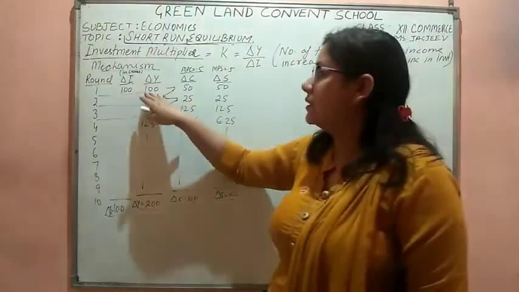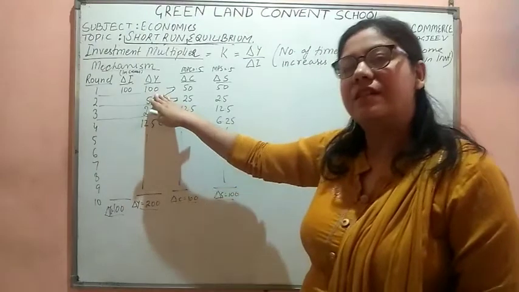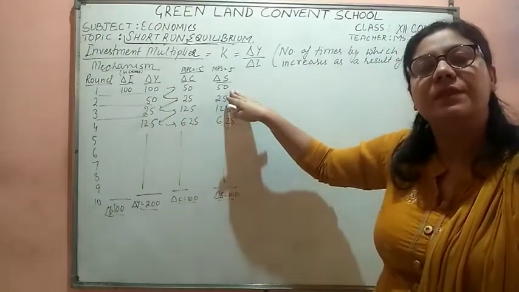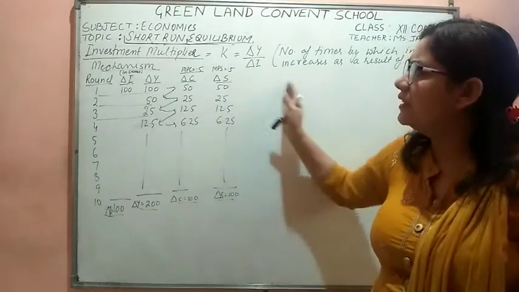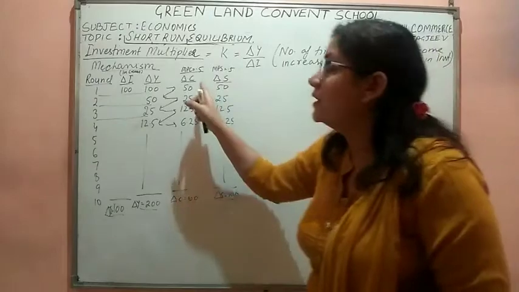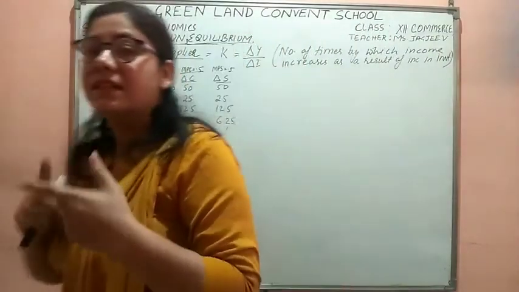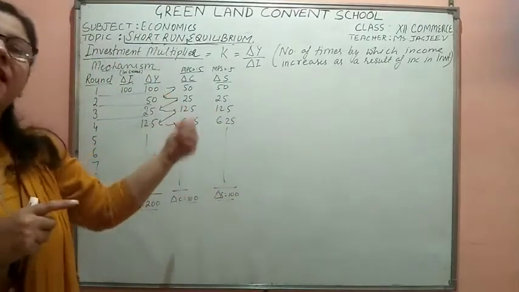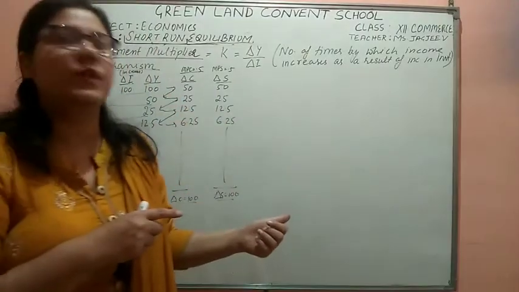So change in income is 100 crores. Out of that 100 crore, 50% will be consumed and the rest 50% will be saved. We are leaving aside whatsoever is saved. So whatsoever is consumed is the main thing which will tell how the investment multiplier is working.